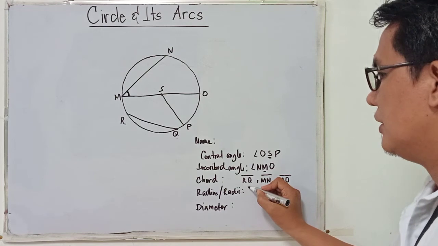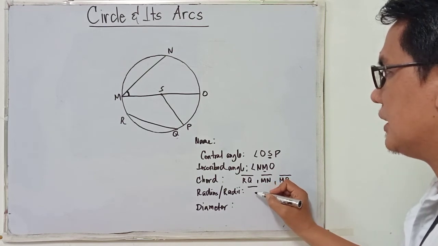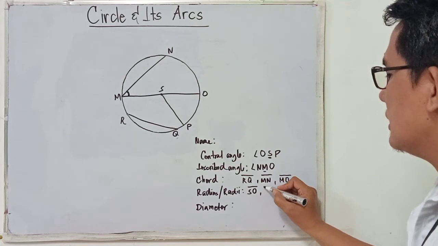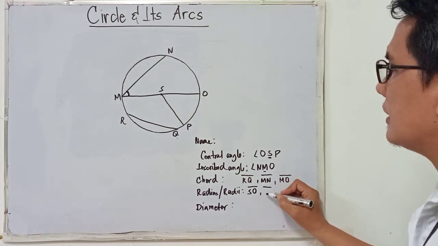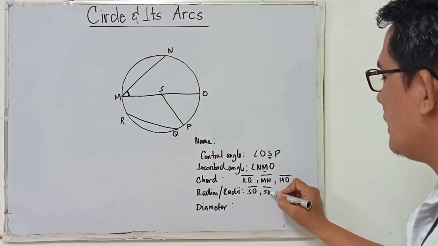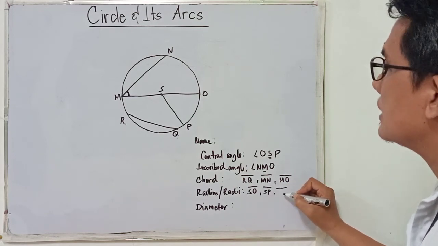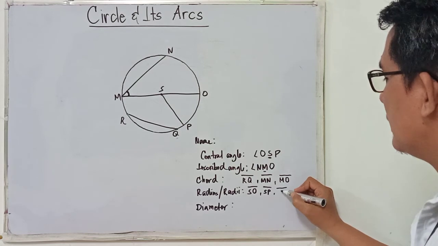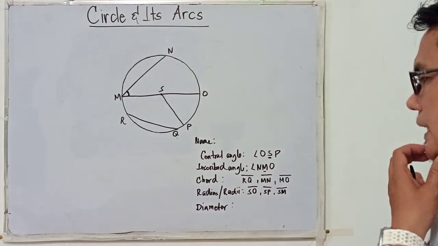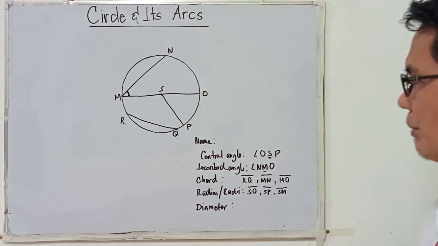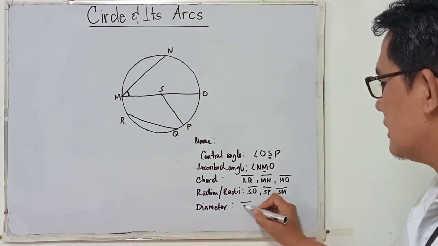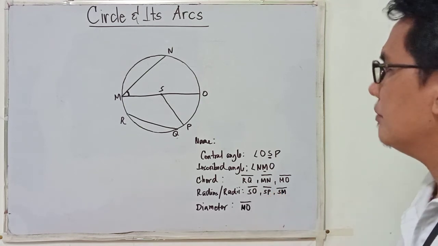We have line segment SO, line segment SP, and the last one is segment SM. Those are the radii. And the diameter is the longest chord, so we have that one as segment MO.